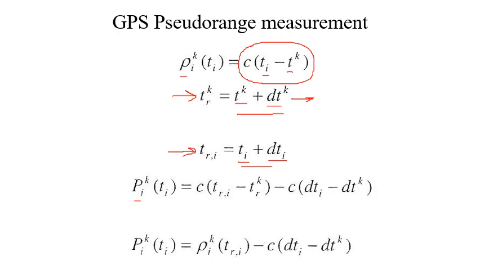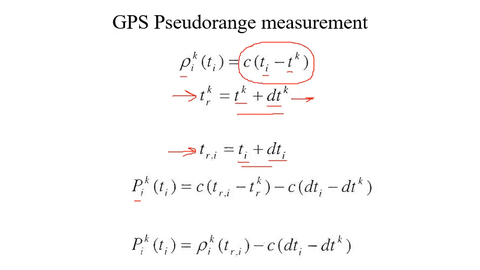Then I put in, instead of Tk here, the measured Tk minus dt^k, and instead of Ti here, the measured Ti minus dt_i, and put these into my equation.